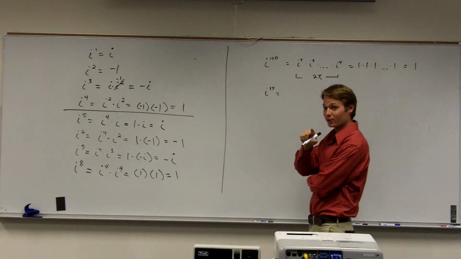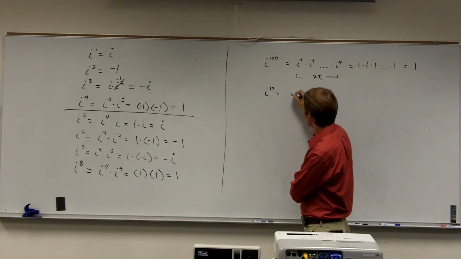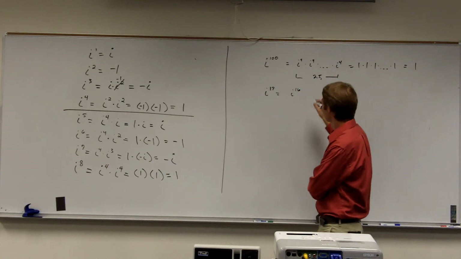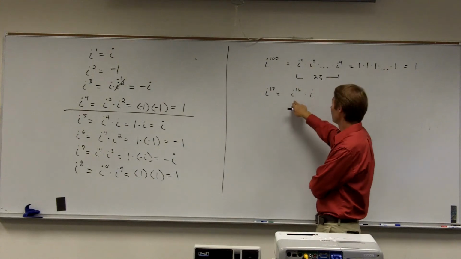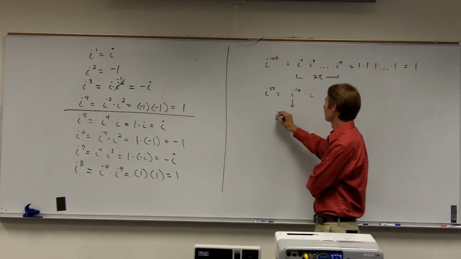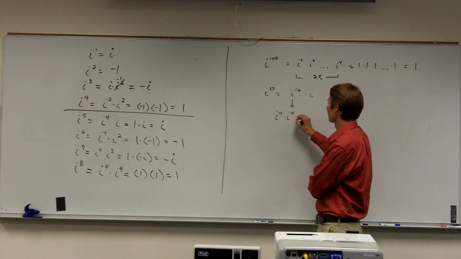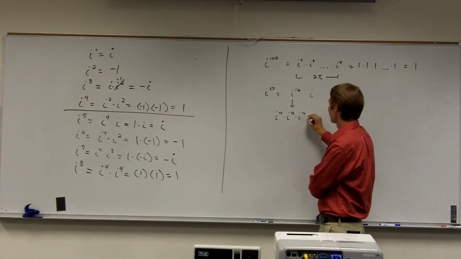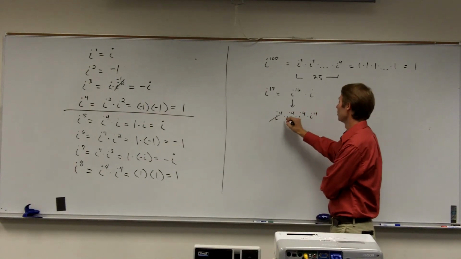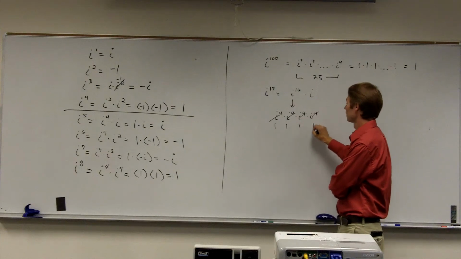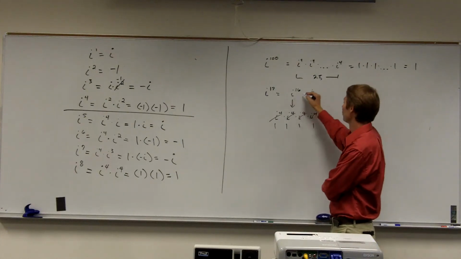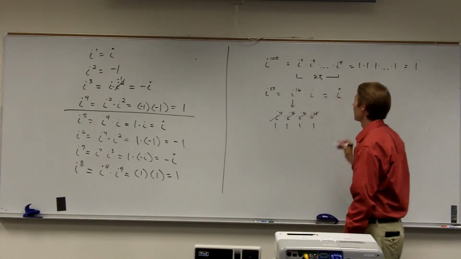Okay. So yeah, you're kind of on the right track here. I could actually break this into I to the 16th times I. And I to the 16th I know is divisible by 4: I to the 4th, I to the 4th, I to the 4th, I to the 4th. And these will all be 1s because they're all I to the 4ths. And so I'll just end up with 1 times I, which is I.